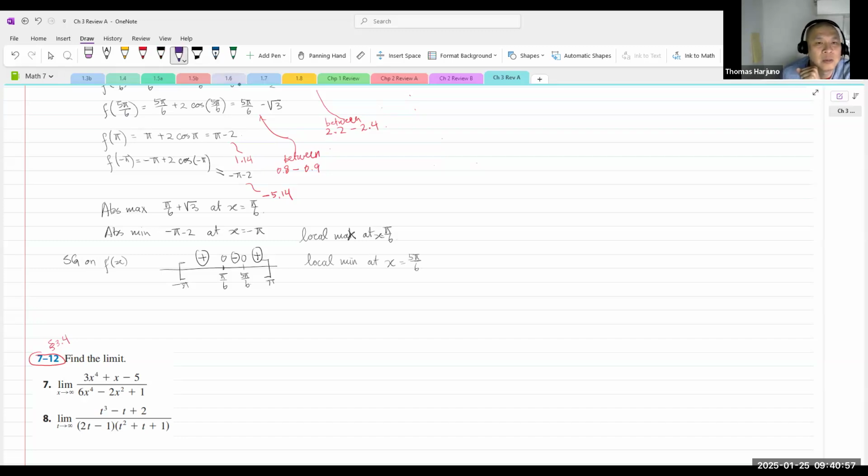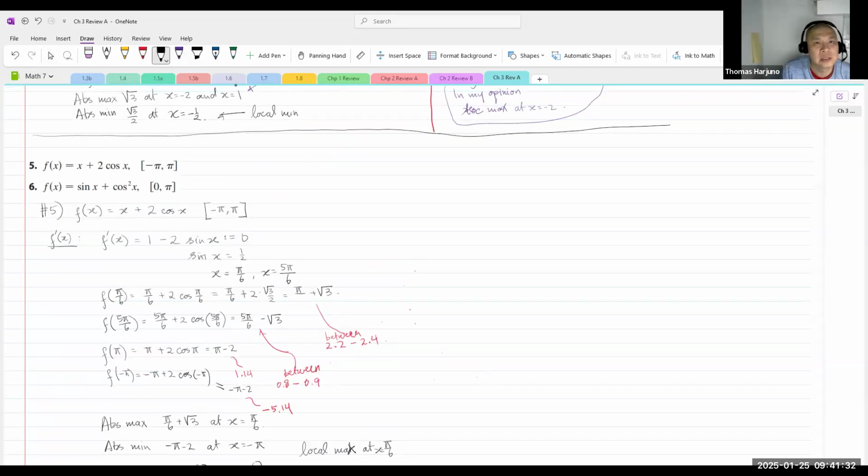But in my opinion, in this case, we have a local minimum at x equals negative pi. It's the absolute minimum there, so it should be, right? And a local maximum at x equals pi. At the endpoints, are they local max, local min?